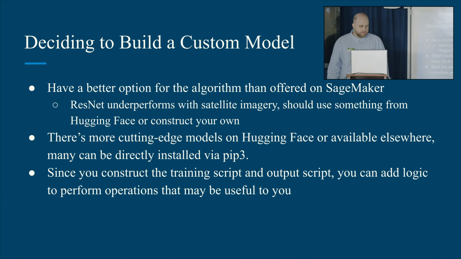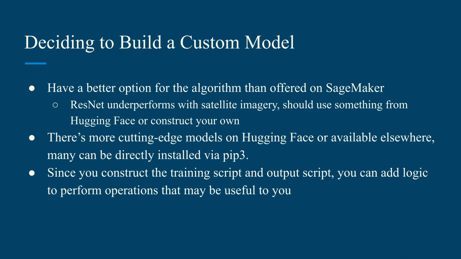So this leads us into the first thing you have to answer: does it make sense for what you're doing to use a custom model? A lot of times you'll have a better algorithm than what is offered on SageMaker. In this case, ResNet greatly underperforms with satellite imagery. It's just not well set up to handle it. So using something else is a good option.